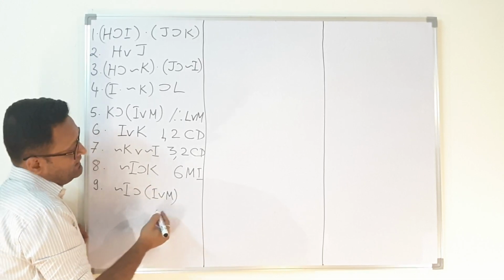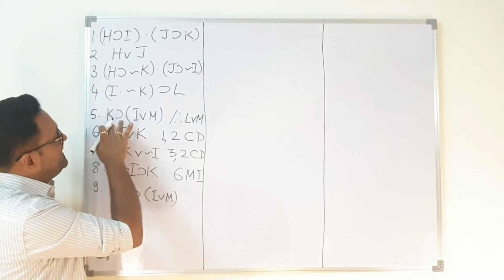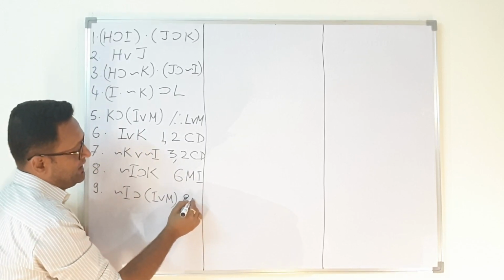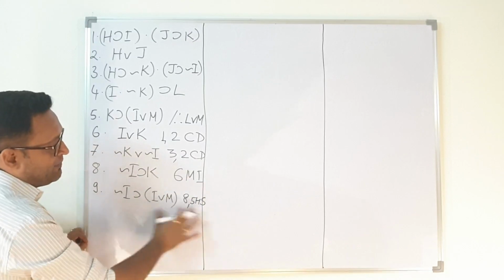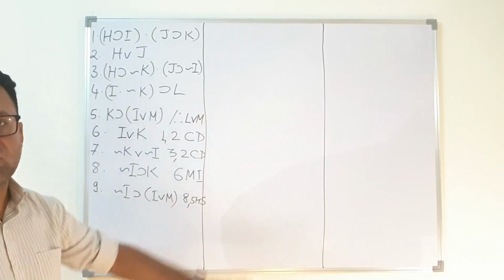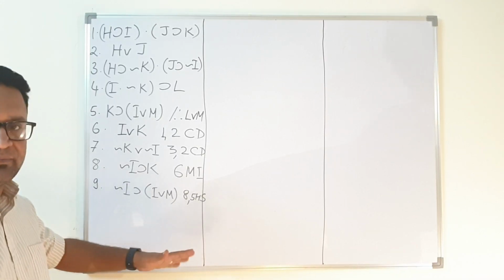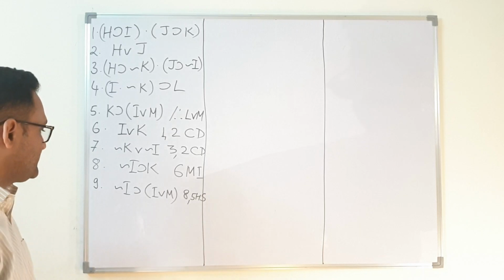So I will get this. Now this will be 8, 5, hypothetical syllogism. I am writing a little bit small precisely because we need to accommodate a few more steps. If there is a problem, you can always expand the video.